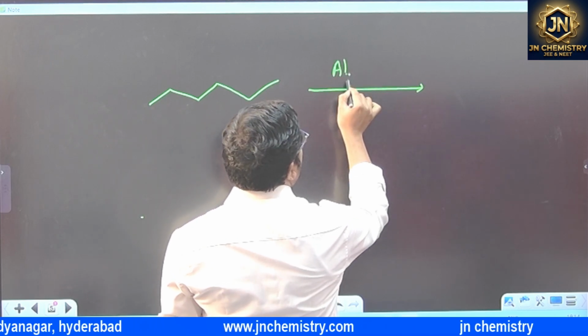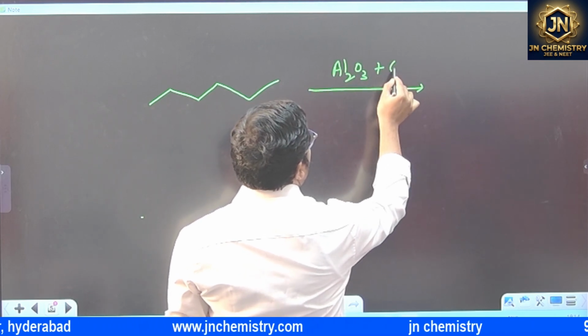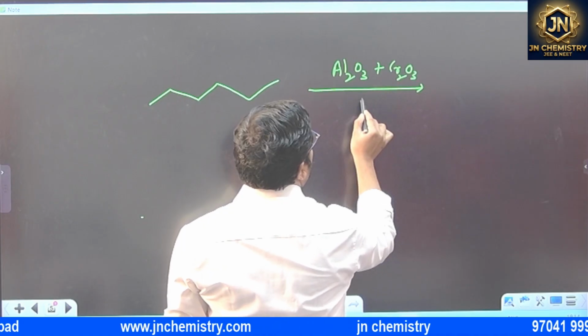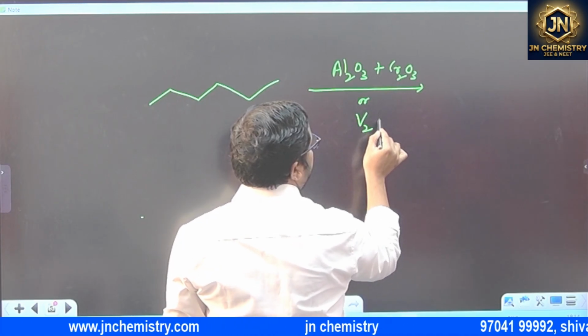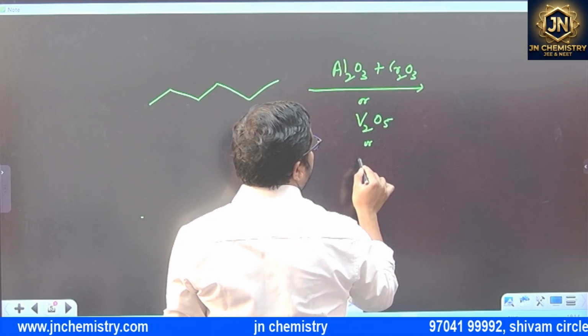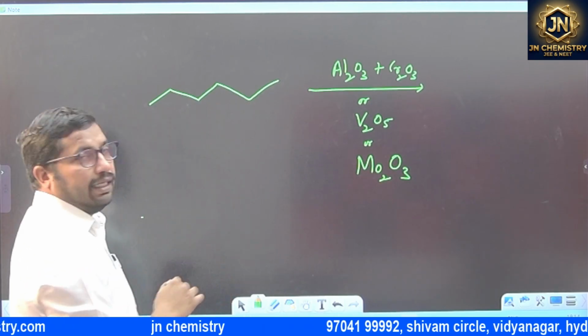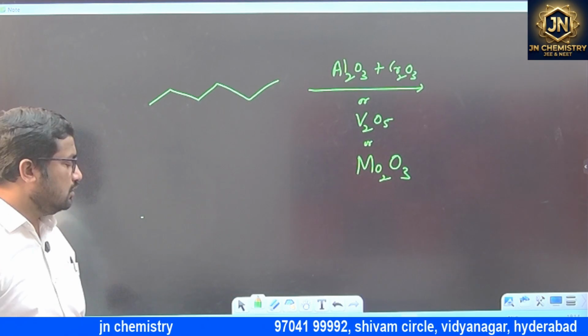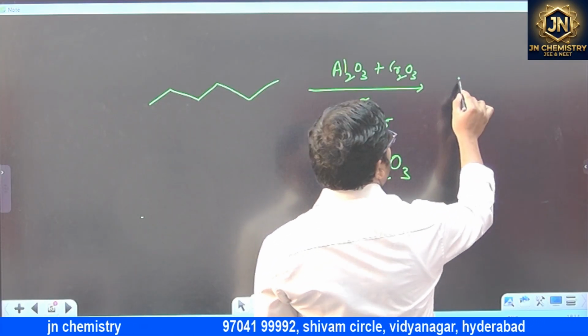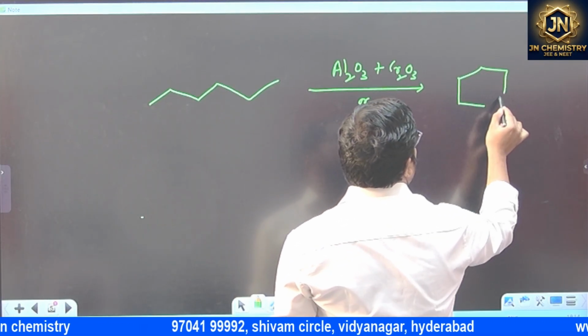When Al2O3 plus Cr2O3, or V2O5, or MoO3, molybdenum trioxide, any of these is used, we can directly get benzene.